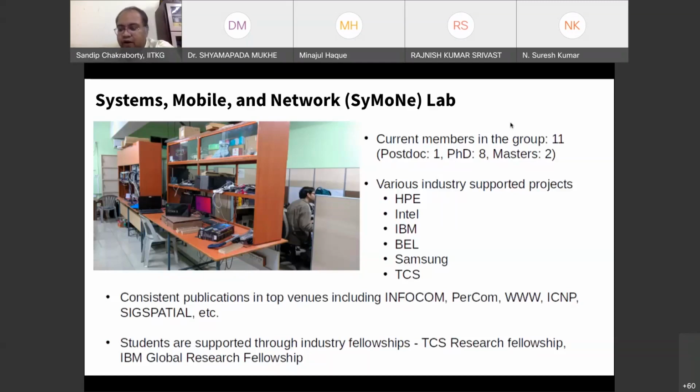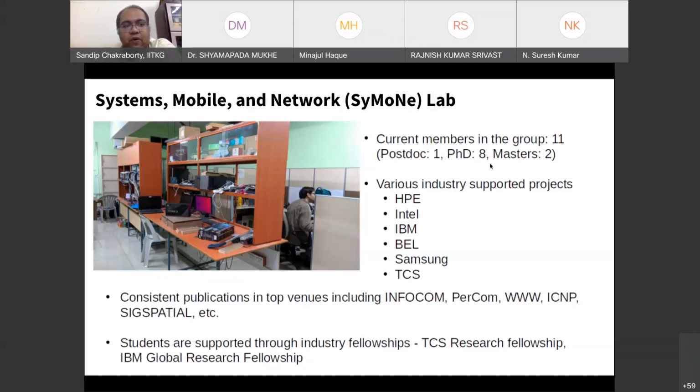So we have almost one fellow every year, for the last 4 or 5 years. And that is possibly the only institute in India from where you will see students who got the IBM Global Research Fellowship for doing research.